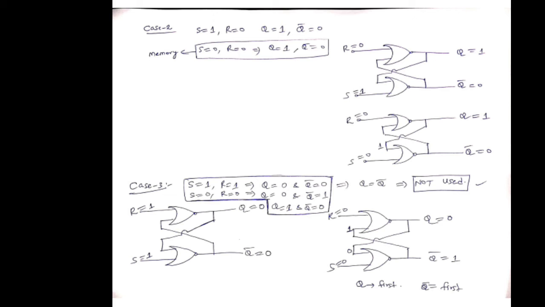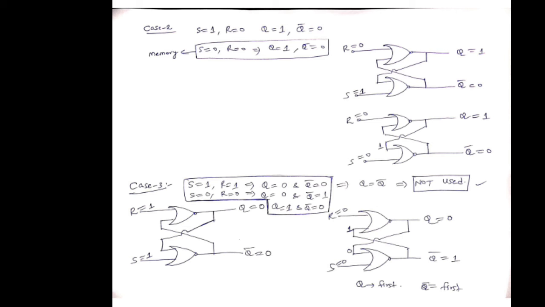That means 0 0. For 0 0, from the truth table of the 2 input NOR gate, the output is going to be high, that is 1. Is it satisfied or not? You can check. If Q bar is 0, we got Q is 1. It is satisfied. It is a true statement.